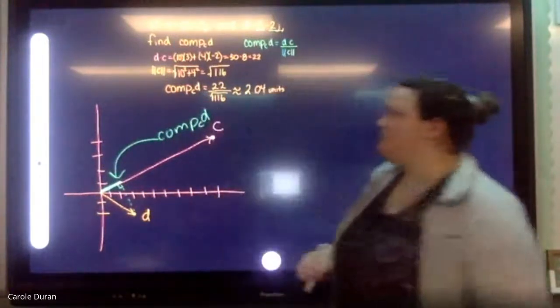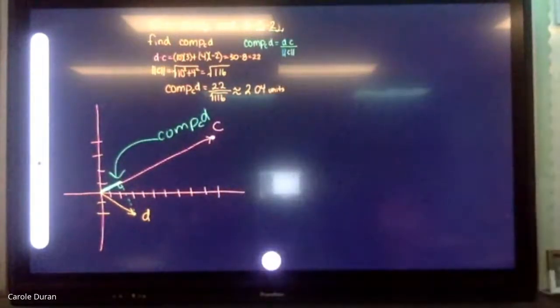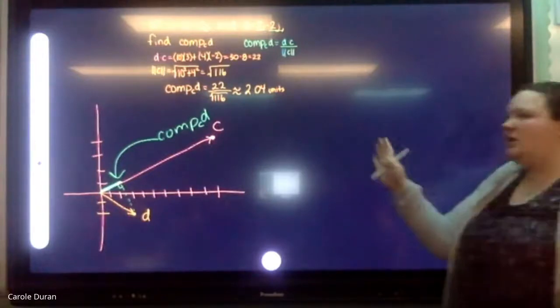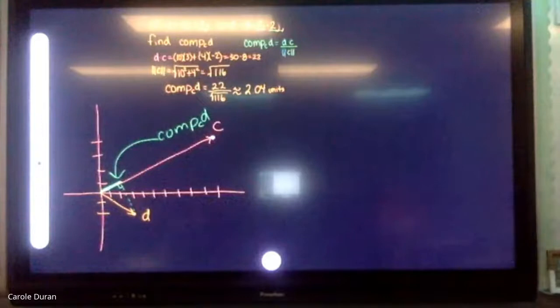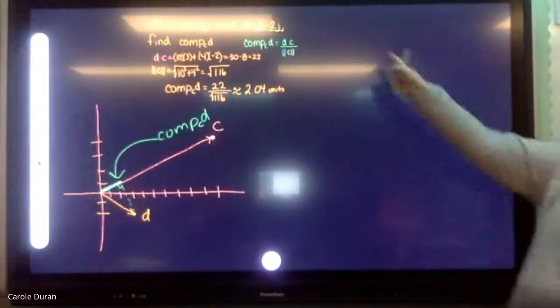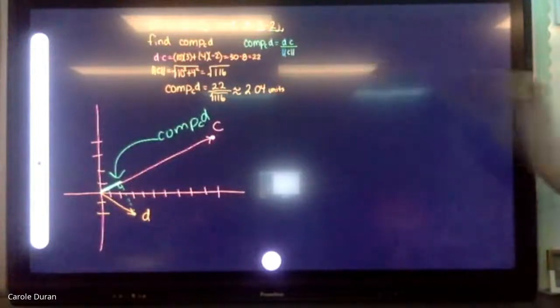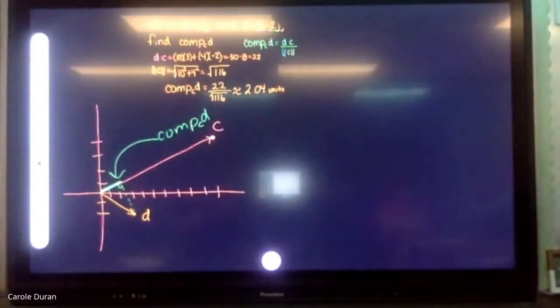So it is the shadow on vector C created by a perpendicular line that matches up with vector D. I very rarely will ask you to graph it yourself. I might give you a graph and ask you to identify where a certain component lies, but I'm more likely to just ask you to compute it, because in my opinion, that's the more important part. Does that kind of make sense?